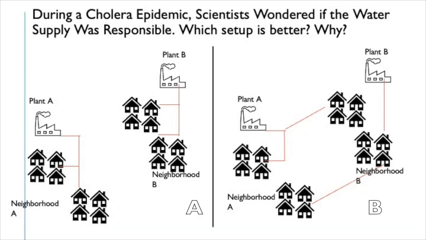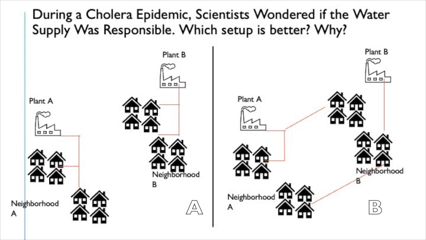And so, what I have here are two conditions that could be useful to compare the cholera outbreak. So, the cholera outbreak, people dying from cholera, would be the dependent variable, and which plant delivers the water would be the independent variable. So there's two conditions, condition A and condition B.